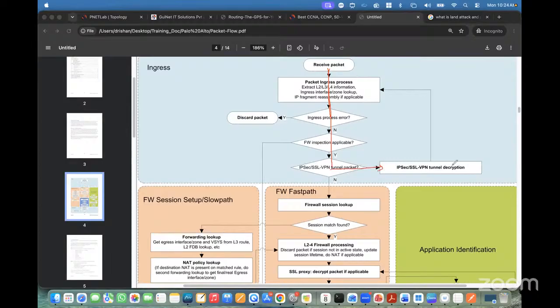They will send it again to the decryption engine in the ingress stage only, and say, hey, can you just convert it into plain text so I can enforce my inspection, and then it will convert, and then it will go again to my ingress stage, and then your whole process is going to start again. This is the first sequence. But now it becomes a second sequence. Now in the second time, this packet is in plain text.